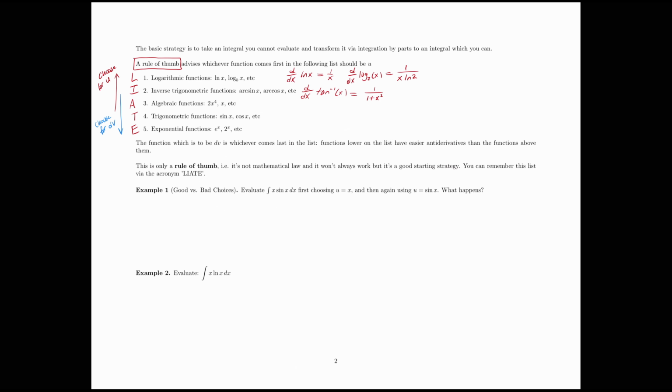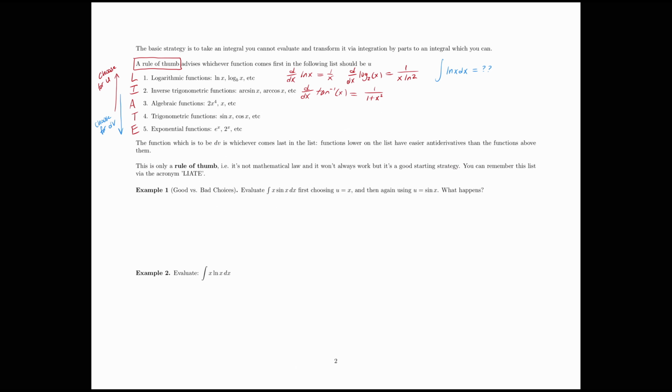However, if we think about taking an integral here, what is the integral of the natural log of x? Well, that's not actually something that we've learned or talked about in Calc 1. So for the time being, we don't know how to do this. So that would be a really bad choice to make.